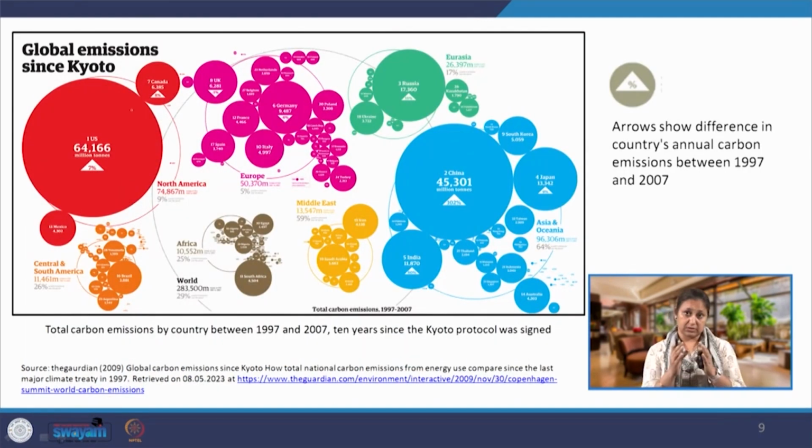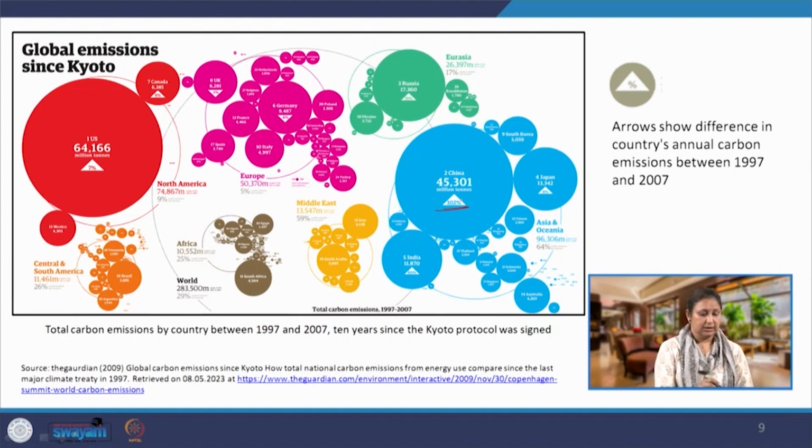And if we look at the overall scenario of global emissions since adopting Kyoto Protocol, that is where I say that Kyoto Protocol has not been a very successful protocol, in the sense that the targets which we had kept for ourselves, we have not been able to achieve. Here in this graphic, the bigger the circle, the more is the overall absolute emission, and these triangles clearly tell us whether the emissions have increased or decreased since the parties ratified Kyoto Protocol.